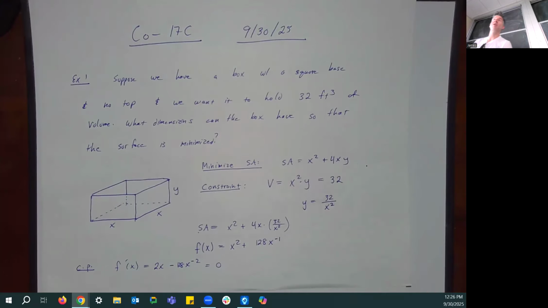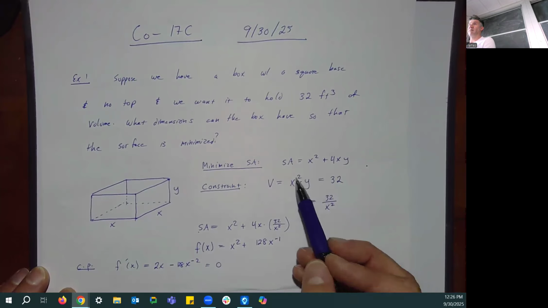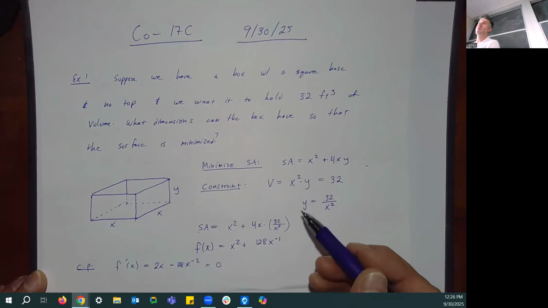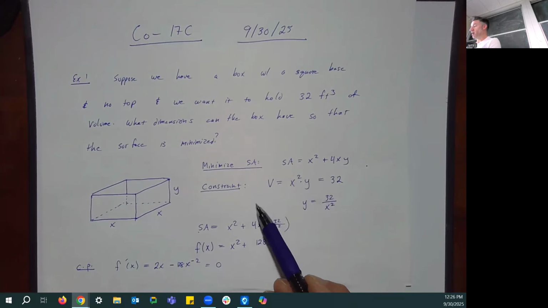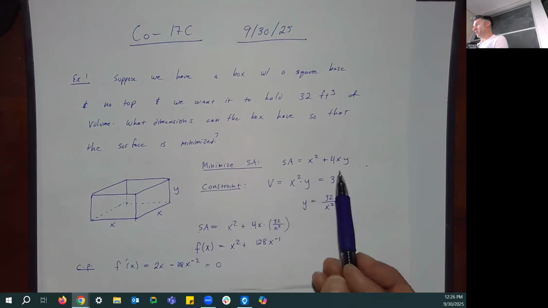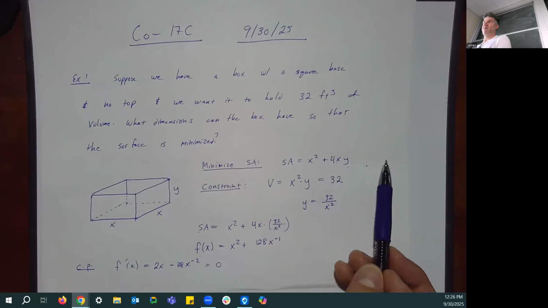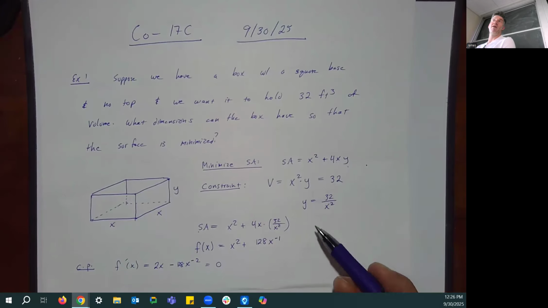Yeah, it is a closed box because you're trying to wrap a present in it. You need all sides to be closed. And then your volume, x squared times y or x squared times h, is what you'll be trying to maximize. This one, I feel like the other version of this is a little bit less nice, actually, because when you isolate a variable in the surface area equation, you're going to isolate y, and you're going to get like 4xy equal to whatever number minus x squared, and then dividing by 4x. So it's a little bit grosser, but still very, very doable.